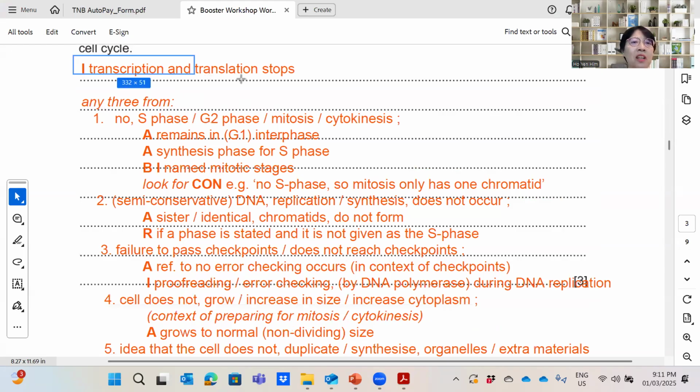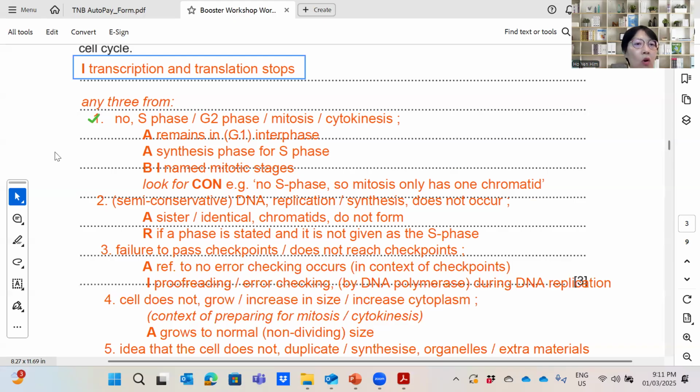Ignore transcription and translation. They want you to write your answer in reference to the mitotic cell cycle. So your answer must mention which phase of the cell cycle, and what is affected in that particular phase. Okay, so let's look at answer number 1.